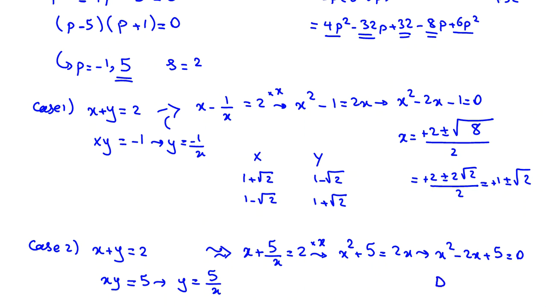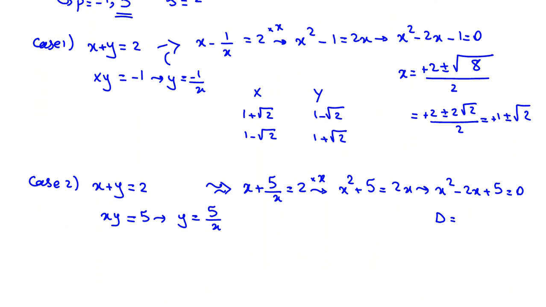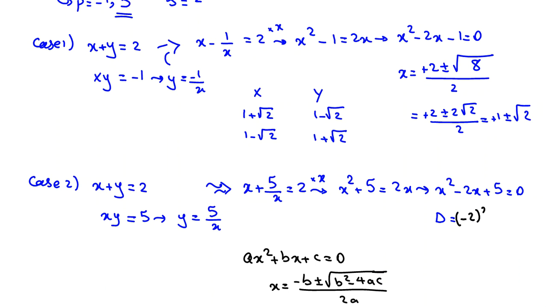If we calculate the discriminant here, the thing inside the square root. Let me write the formula if you don't know that. If you have this quadratic function, x is given by the quadratic formula. You should memorize it. It's so important. Here, D is b squared, where b is negative 2, so negative 2 squared minus 4ac, where a is 1 and c is 5.